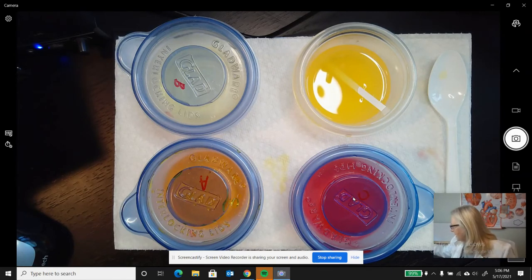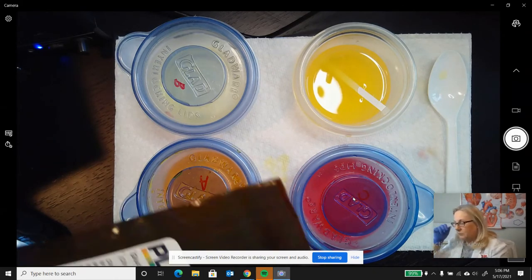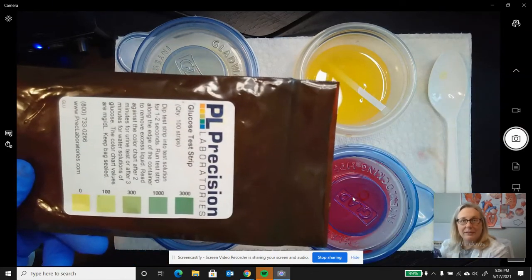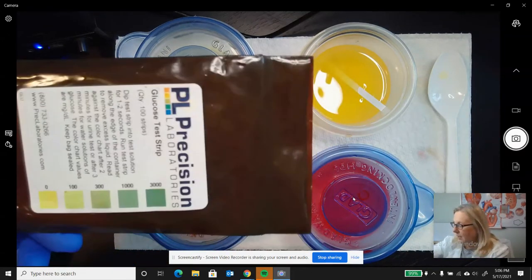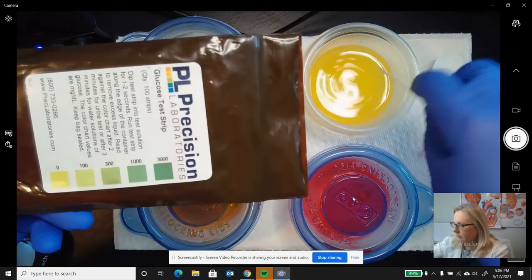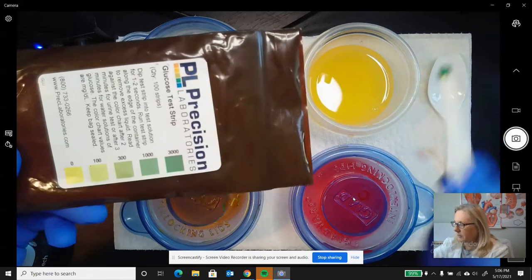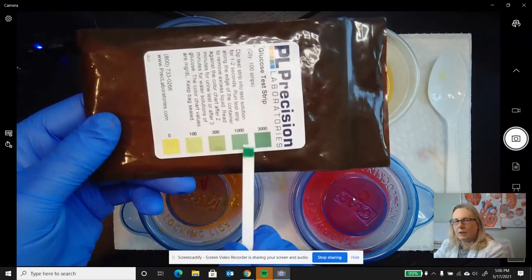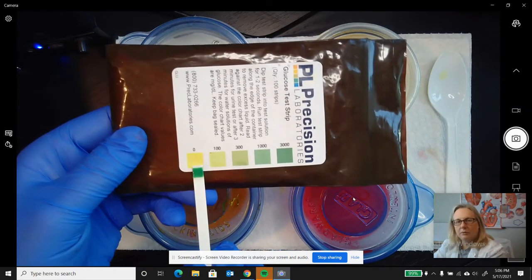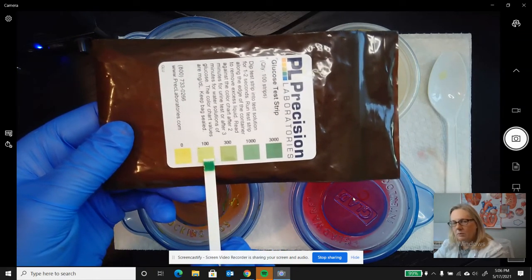So let me get my glucose out. We're going to take a look at this glucose strip and see what happens. If it is what I think it is, it should have already turned. By golly, it is. Here we go. It's not 0. Is it 1.0?